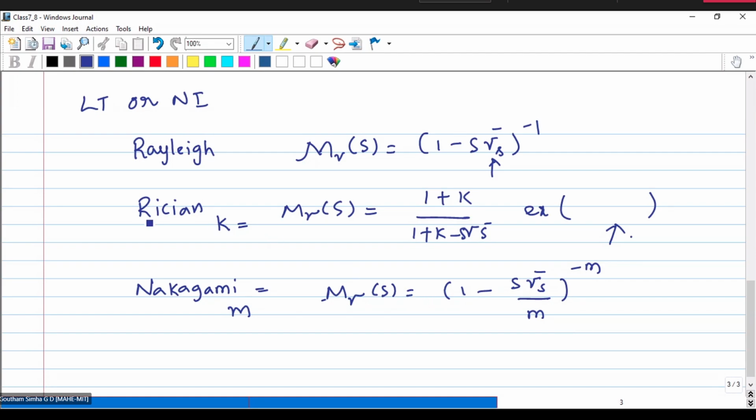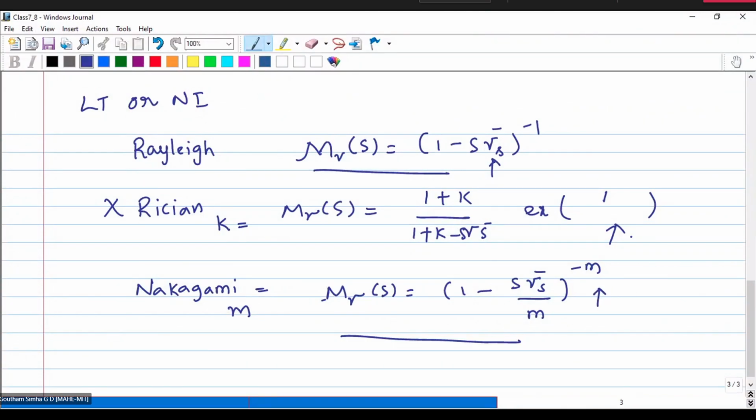Forget about Rayleigh because it has one more component here, LOS plus NLOS with a dominant LOS component. So I'll not try to write and remember all those things because that has some kind of complexity. So we are concentrating on this and this.